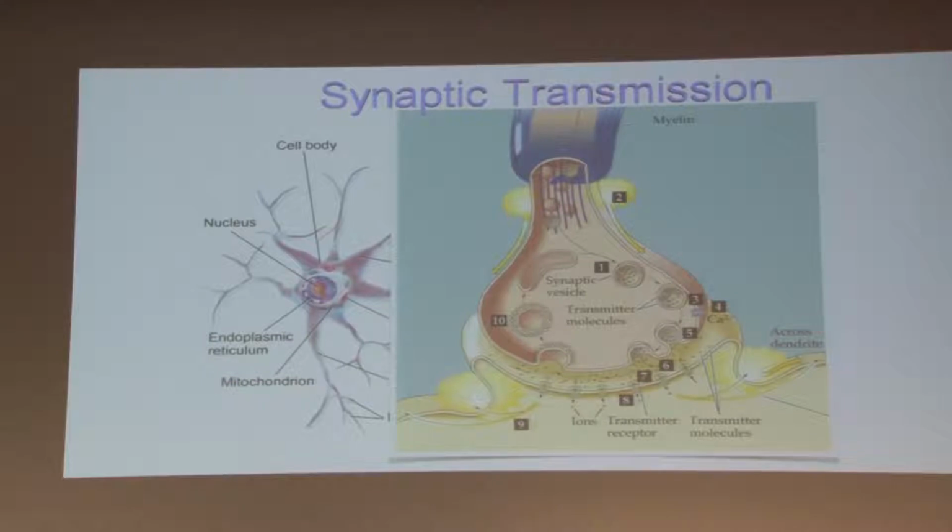In response to binding, these receptors open an ion pore, which allows the flux of ions, so cations or anions, through the membrane. And this converts a chemical input, which is the increase of the local concentration of neurotransmitter, into an electrical output, which allows the transmission of the action potential.